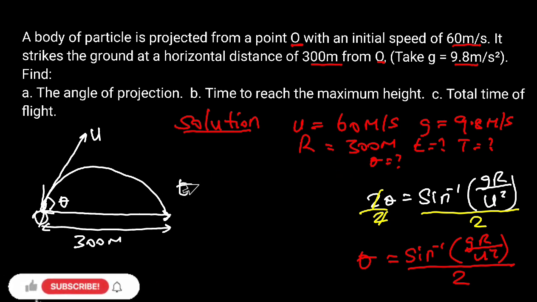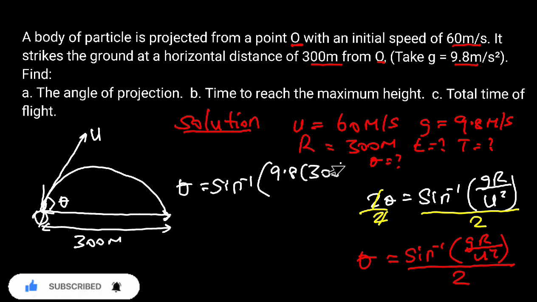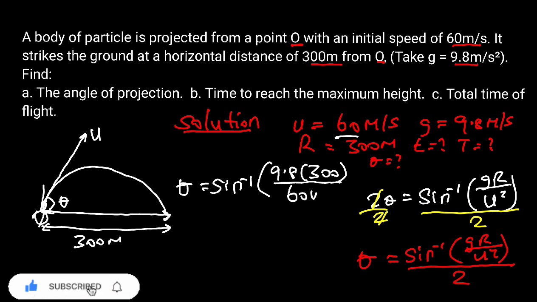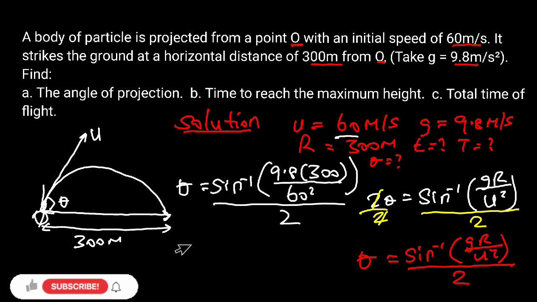So theta equals sine inverse of 9.8 multiplied by 300, divided by u squared, which is 60 squared, and all of this divided by 2. Just plug this into your calculator the way it is, and you get the value of theta.